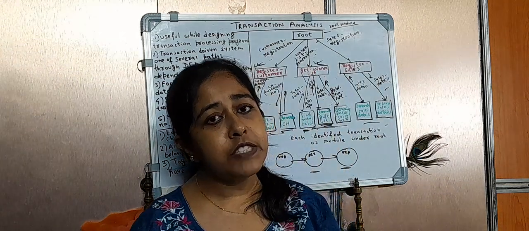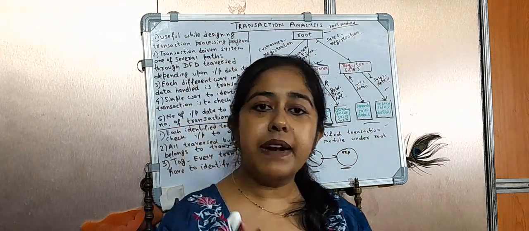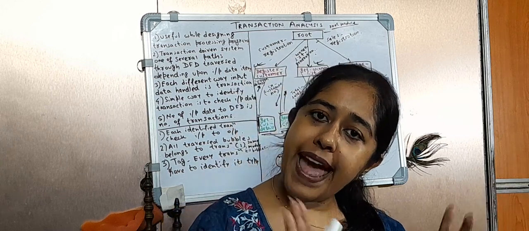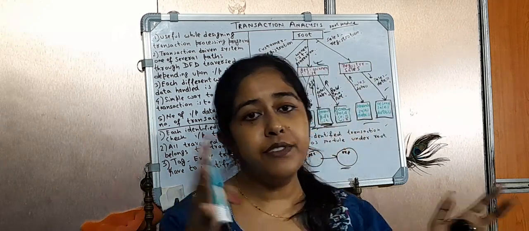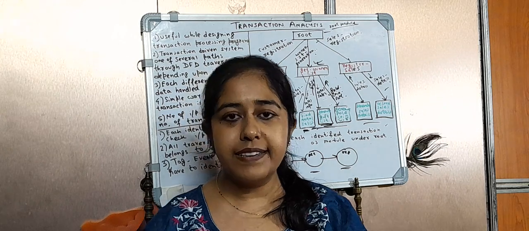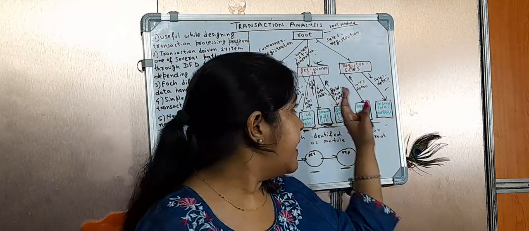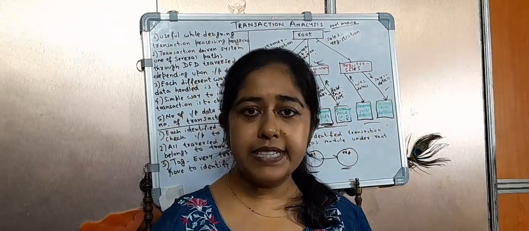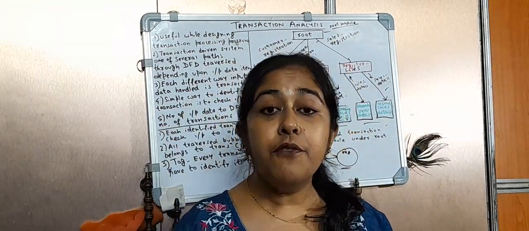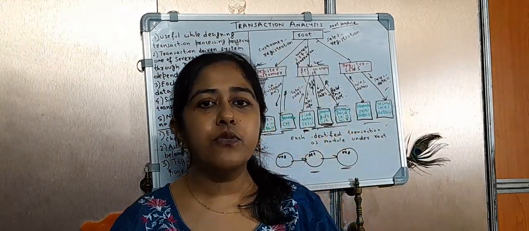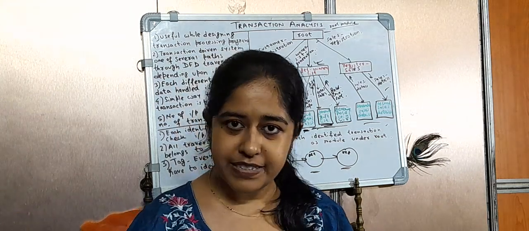In transform analysis there were 3 parts: input, output, and logical processing. Everything was taken into account, but here only the input data is the main thing you have to see. With the help of that input data, you can easily make the different transactions.